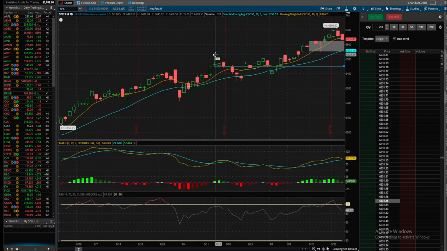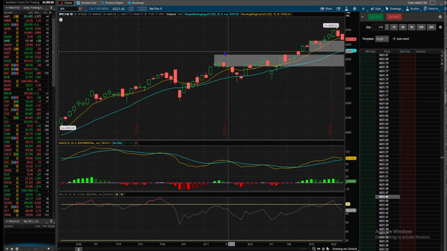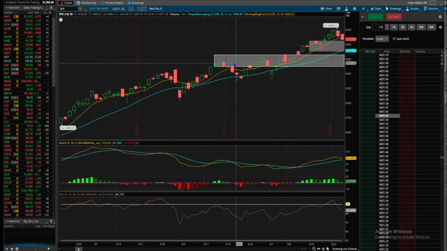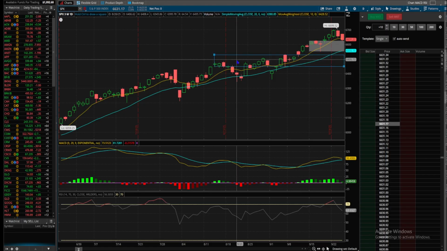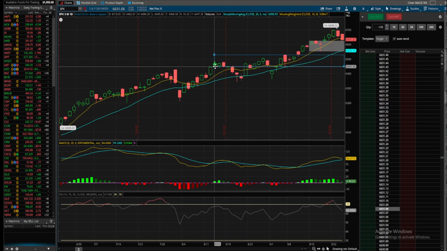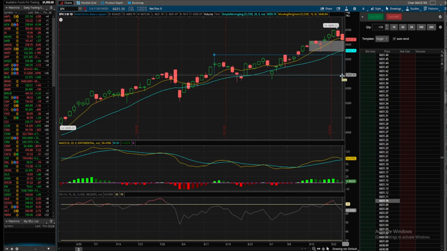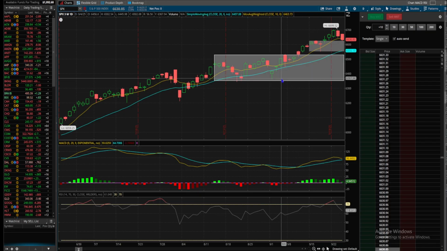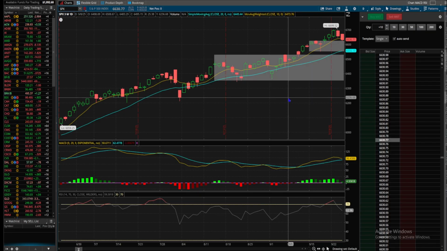This just identifies that it's a much larger zone of consolidation. And we're going to bring the box down to the bottom of these price points. Now we've got a much more broadly defined zone of support.